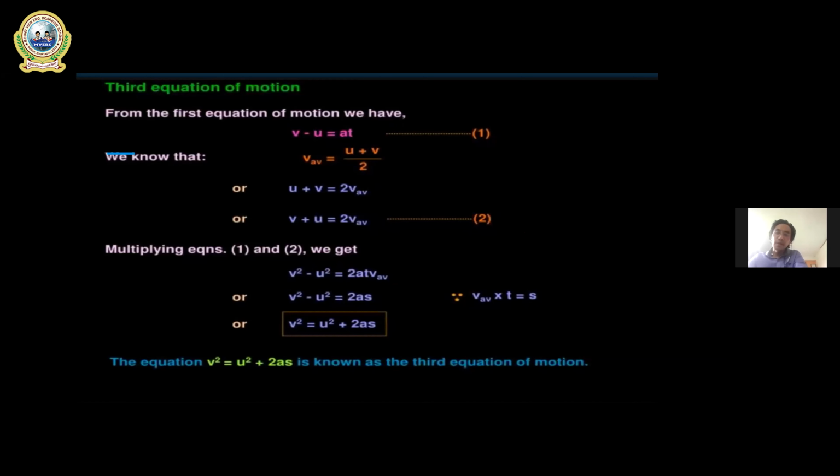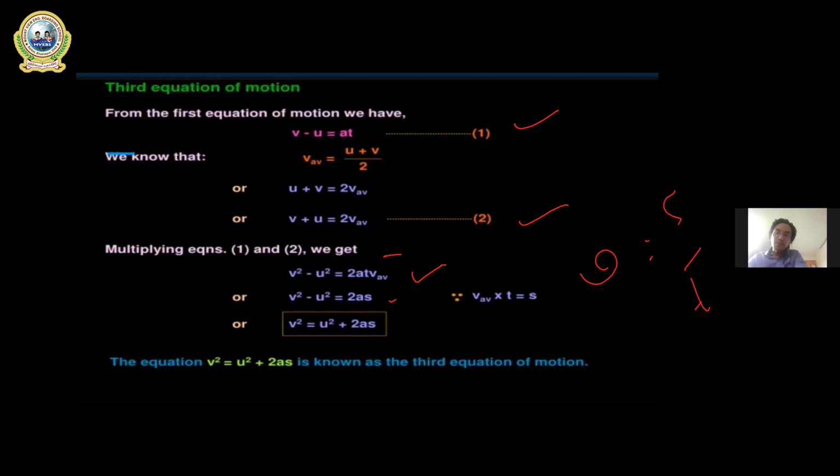Finally, by multiplying equation first and second, you got the expression: v square minus u square equal to 2at VAB. So v square minus u square in the next step as it is. And here, in place of t into VAB, you can replace s for displacement. Average velocity equals displacement upon time.